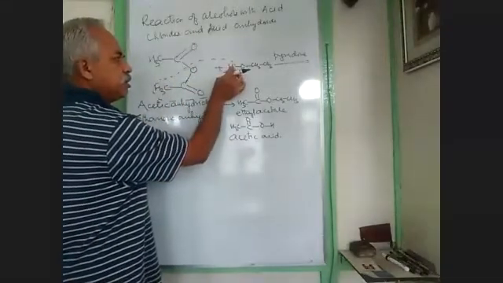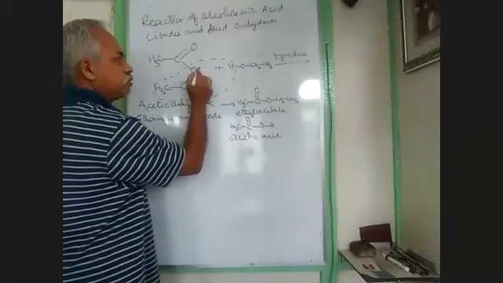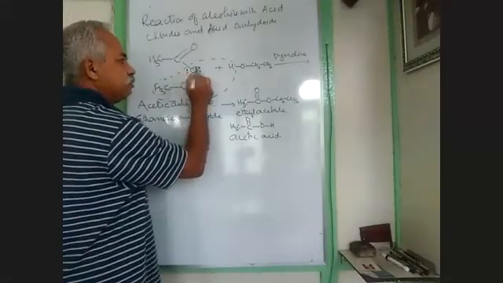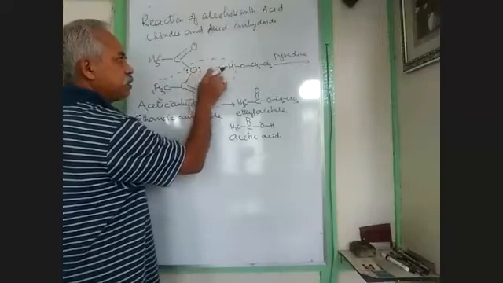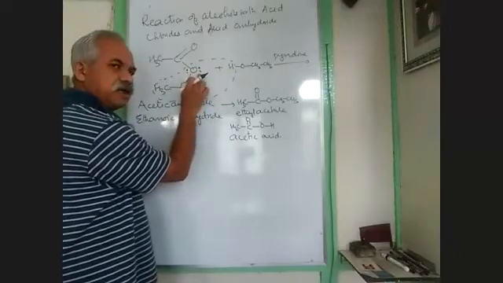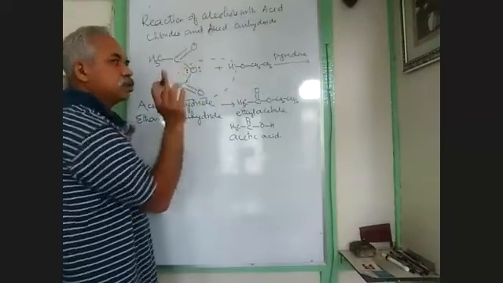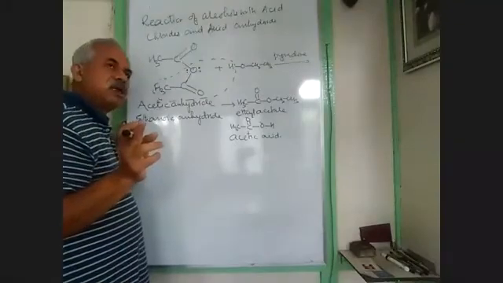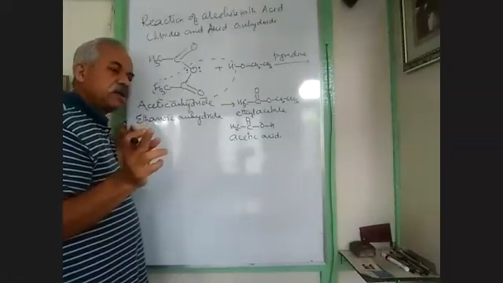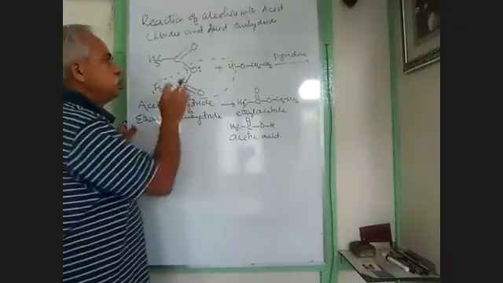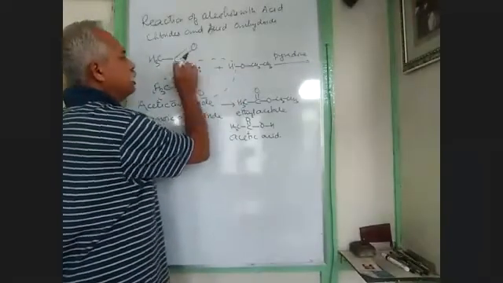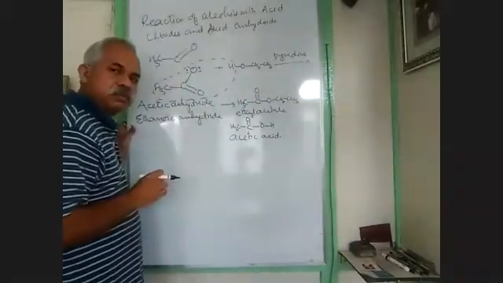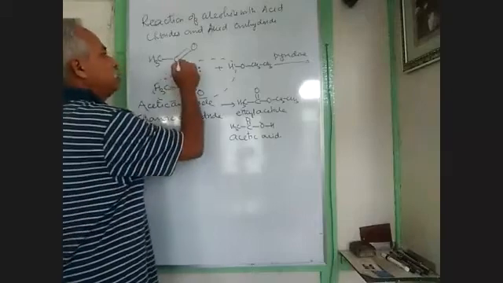Here, this hydrogen will combine with this. Why will it combine? Because this plus will come and combine with the lone pair. Then this bond will break because oxygen cannot expand its valency beyond 2. So this will break, then this O minus will. Shankar? Okay, yes, sir. Very good.